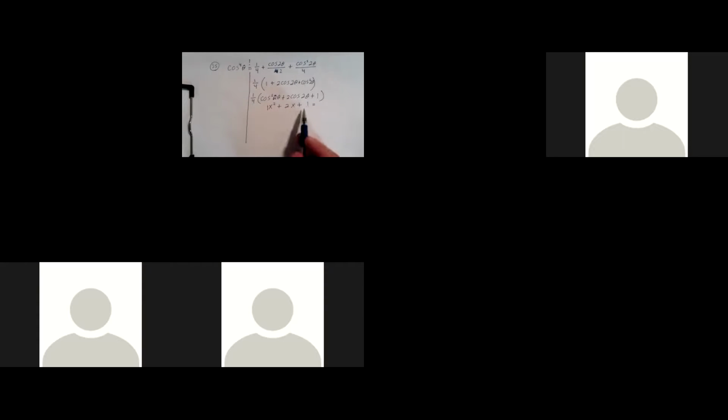This is a special type of trinomial called the perfect square trinomial. Anybody remember factoring perfect square trinomials? This would factor into the square of a binomial, which is x plus 1 times x plus 1. Exactly. X plus 1 times x plus 1, which means x plus 1 quantity what? Squared. That's from algebra.